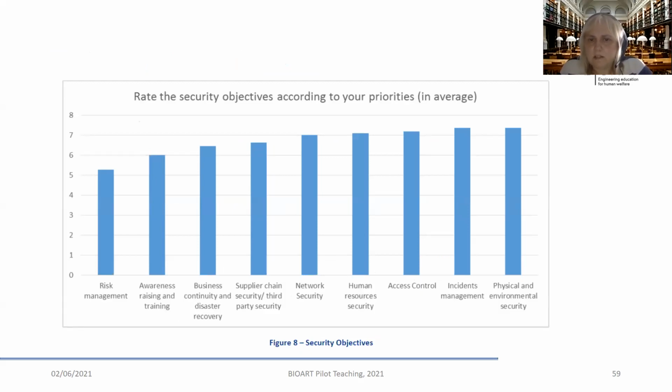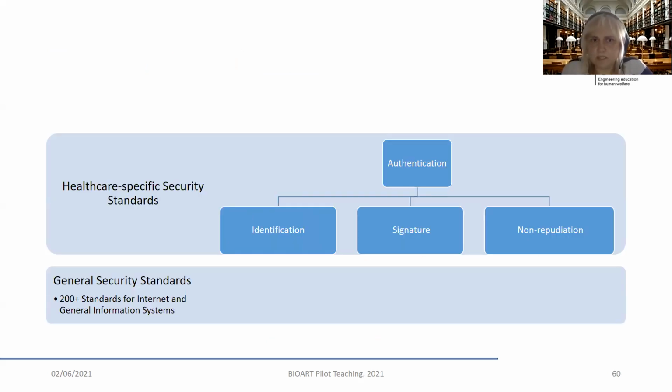There were also questionnaires on security objectives and their priorities, and you could see that the highest is physical and environmental security. These are the first priorities nowadays.